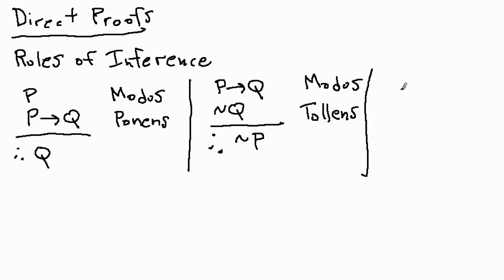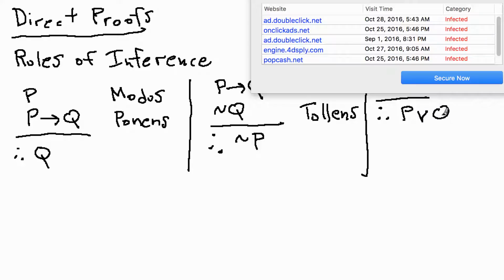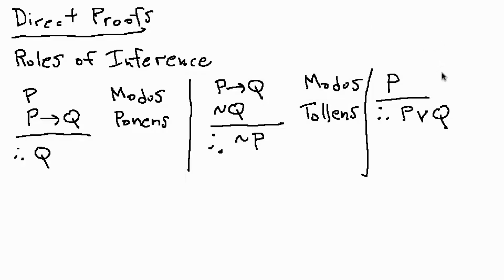If I were to tell you that P is true, then I can conclude P or Q. If I have a true statement, I can OR it with anything and I still have a true statement, because remember, for the OR to be true, only one of these has to be true, and we already know that P is true.